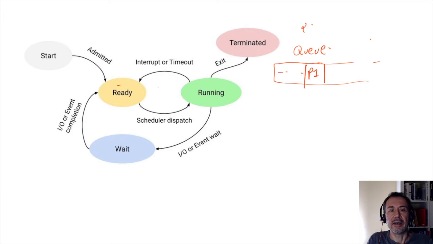Then after some point, the scheduler will pick this process to execute and to occupy the CPU. So with the scheduler algorithm, imagine that it's P1's turn. So it goes to the CPU and it is running.